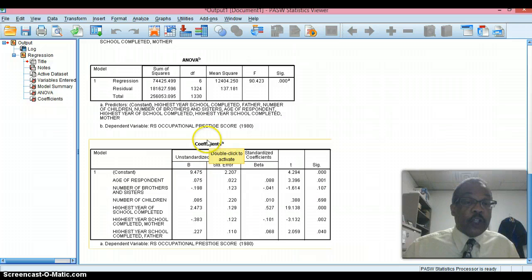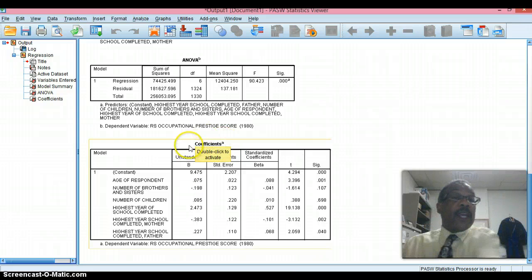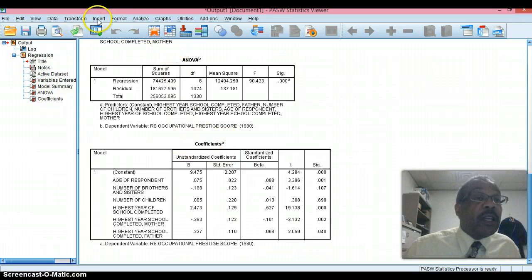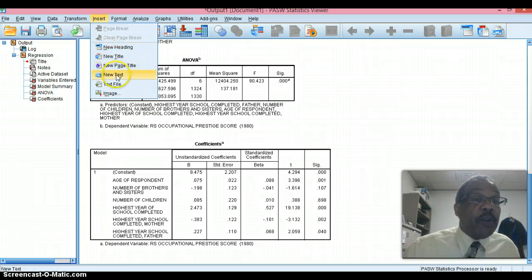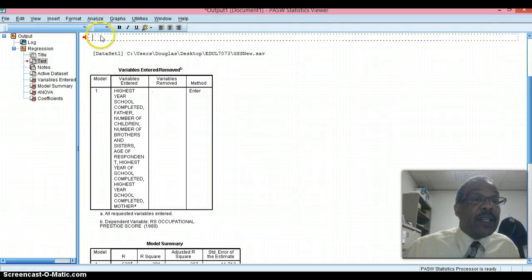And so we could build our regression model by looking at the beta values in the coefficient box. So let me see, I'm going to insert text.